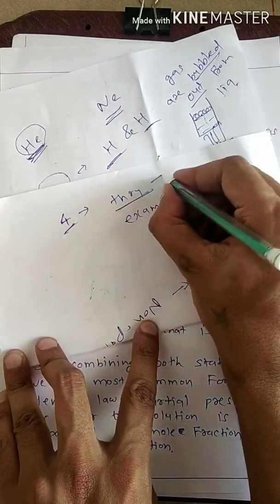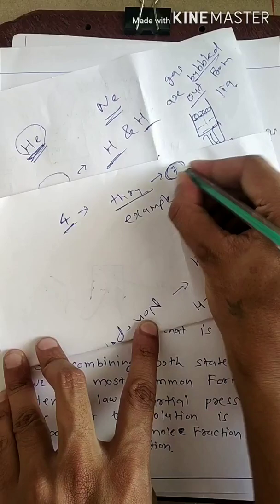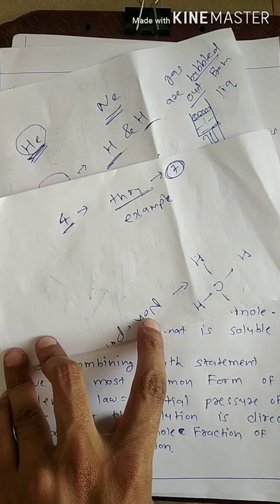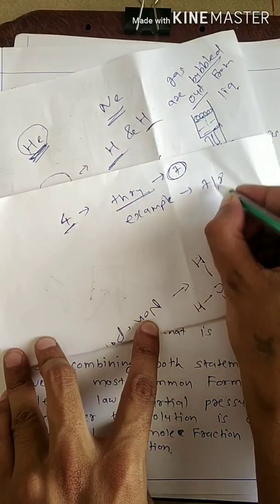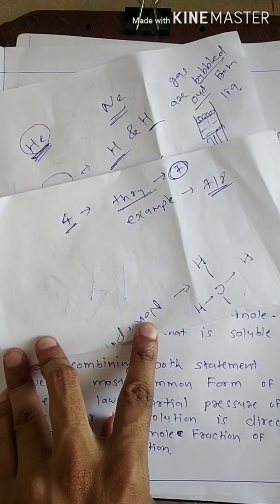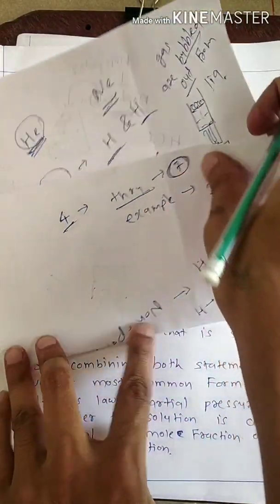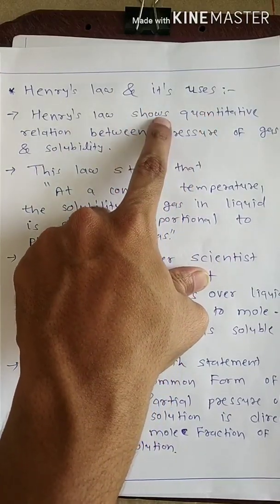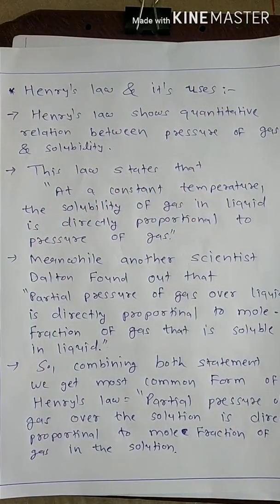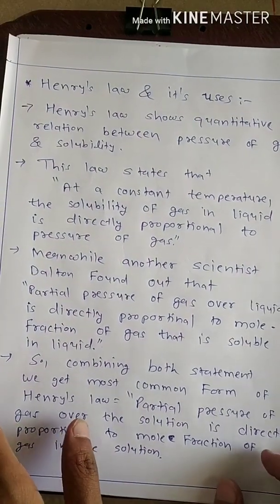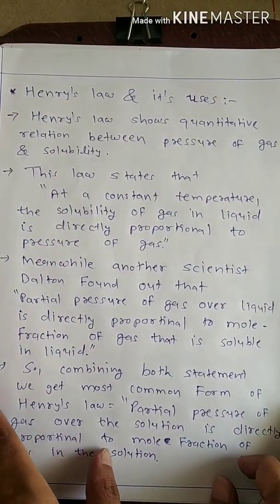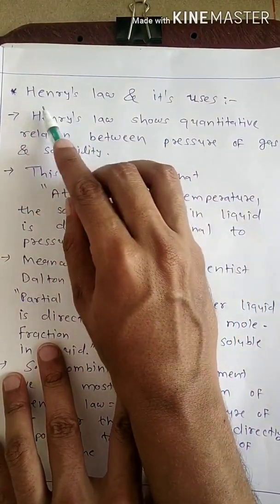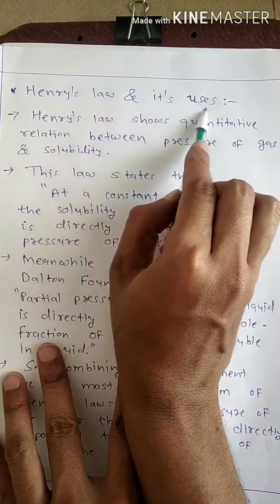So there are 7 theories in this chapter that can be asked in 4 marks, and 7 or 8 examples are there. From this 7 theory, this theory, Henry's law and its uses is one of them. So it is very important question for 4 marks. Okay, so learn it very carefully. So the question is like this: explain Henry's law and its uses.